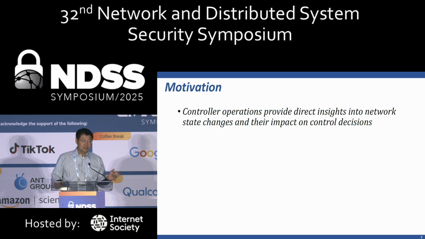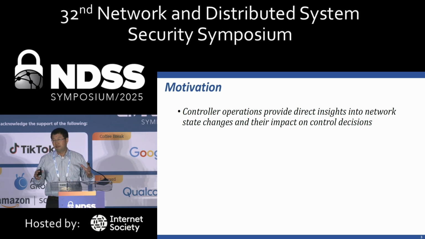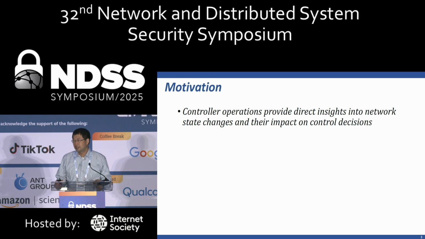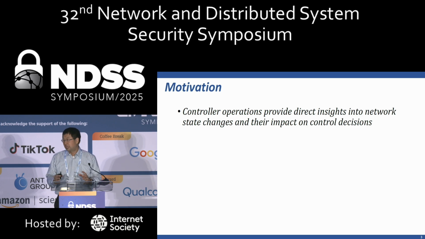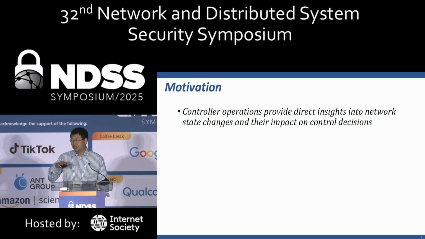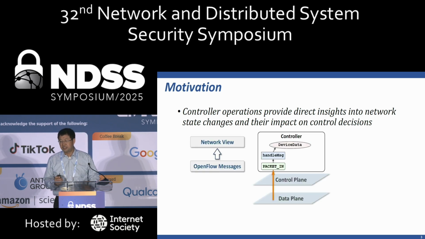But based on our research in the system and software domains, we realized that a lot of the operations on certain functionality can actually be reflected by the contextual operations happening in the same software. Translated to this domain, the controller operations provide insights into the network state changes. As SDN is a software-defined network, it's just another software system.